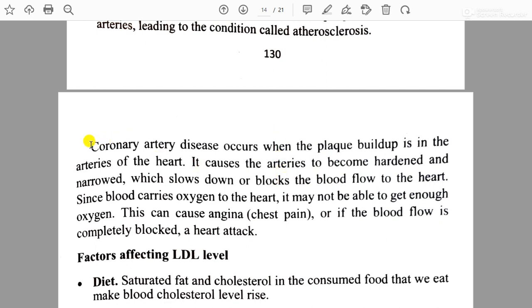They will cause coronary artery disease, and since blood carries oxygen to the heart, it may not be able to get enough oxygen if the arteries are blocked by this plaque buildup. So this can cause angina, that is chest pain, or if the blood flow is completely blocked, it can cause a heart attack.